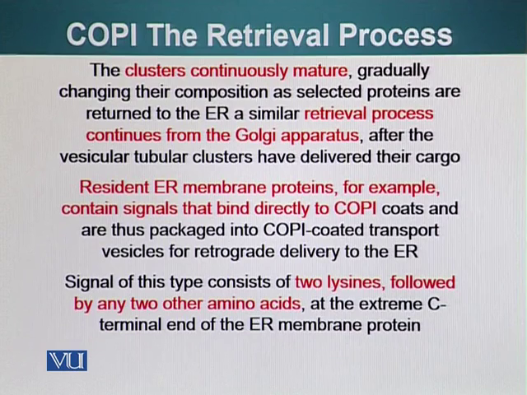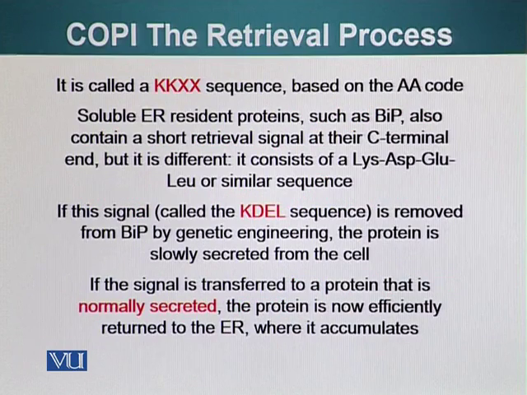These special sequences are at the extreme C terminus: two lysines followed by any two other amino acids. So these are transmembrane proteins we are talking about. This is called KKXX. K is the symbol for lysine, and XX is any other two amino acids.